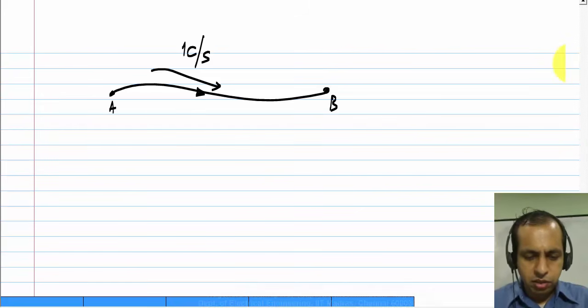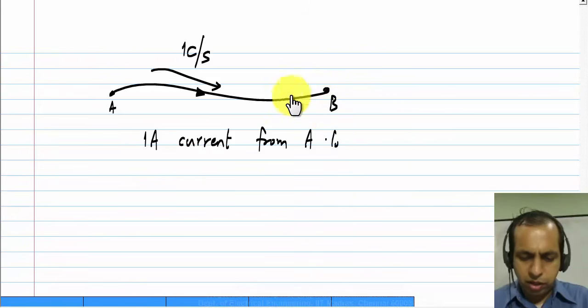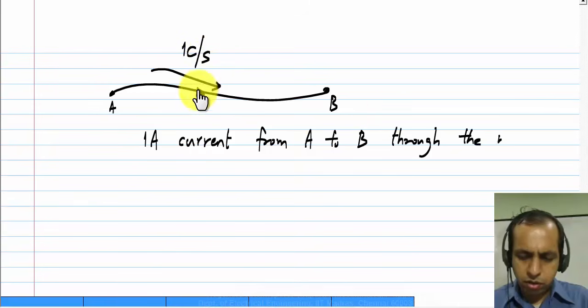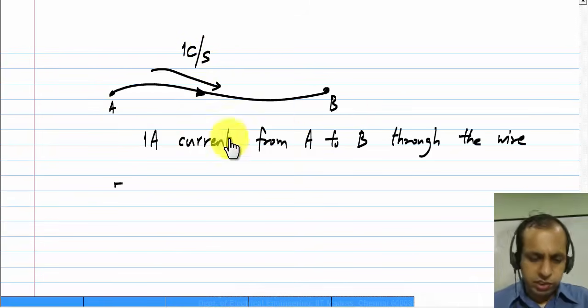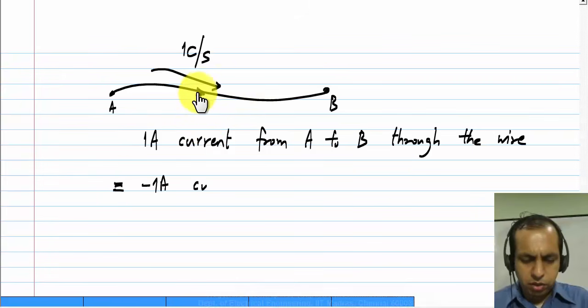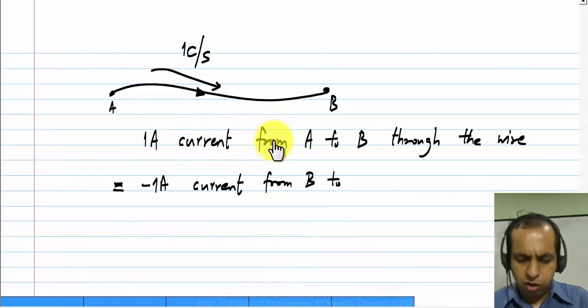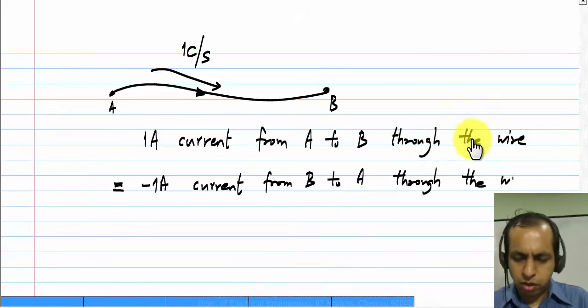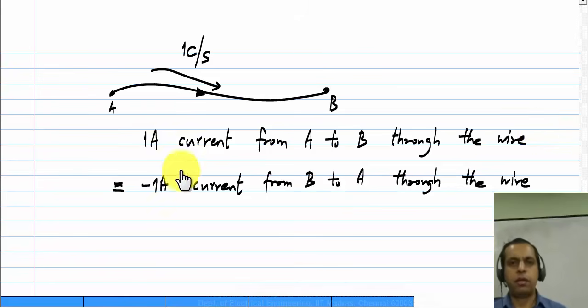This is 1 ampere current from A to B through the wire, which is exactly the same as saying minus 1 amp current from B to A through the wire.